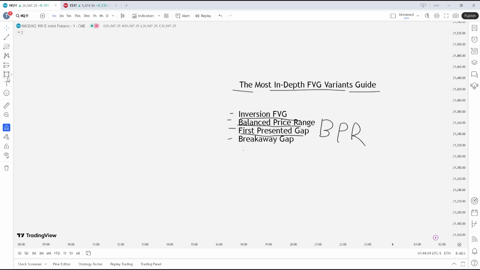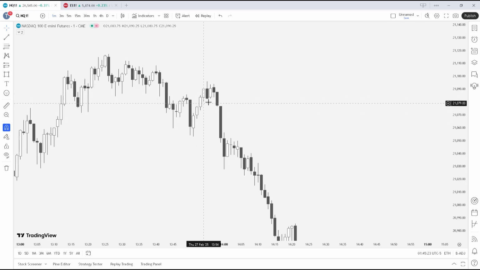All right, and then lastly, we have a breakaway gap. A breakaway gap is when you create a fair value gap without expecting it to be retraced into. A good example of a breakaway gap would be these two gaps right here.